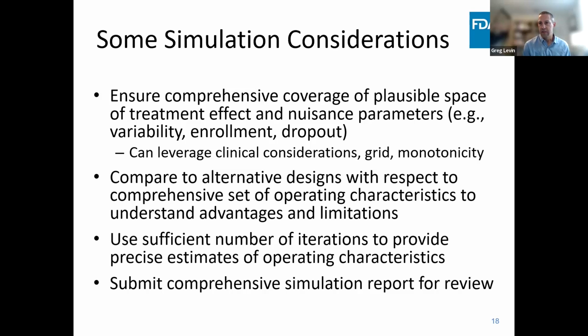So it's really important that there are good simulation practices that comprehensively cover the plausible space of treatment effect and nuisance parameters. So consider nuisance parameters such as the variance, the enrollment rates, the dropout rates.